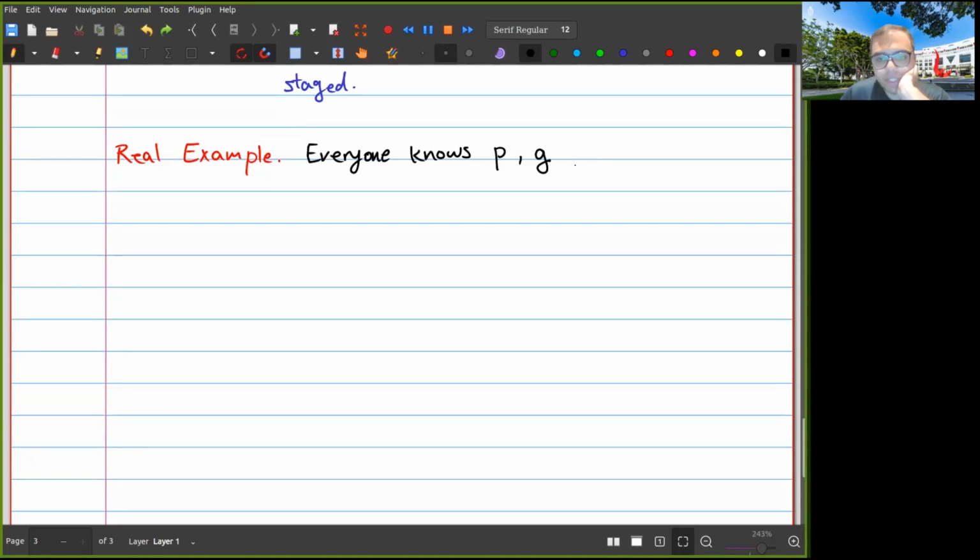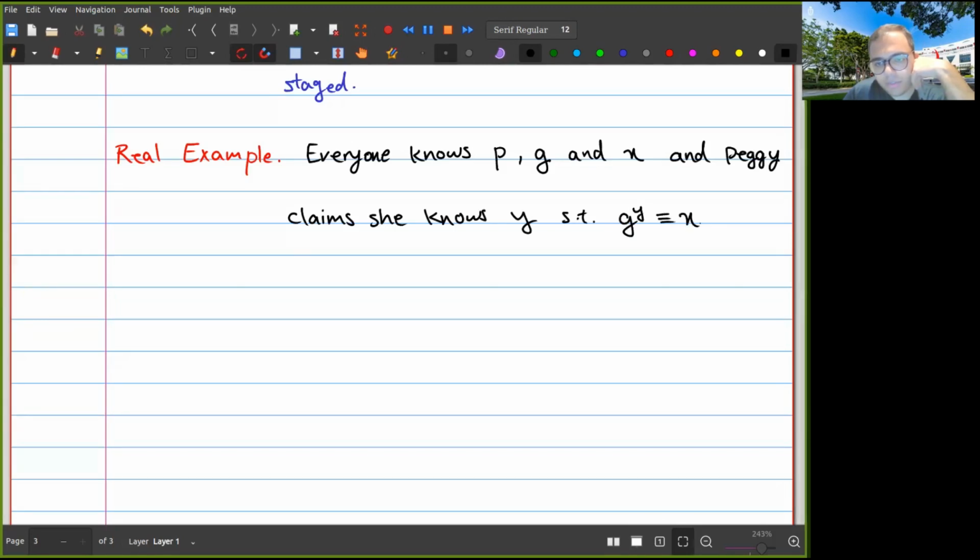So everyone knows P, G, and let's say some number X, and all of our calculations are modulo P. And Peggy claims that she also knows the discrete logarithm of X. So Peggy claims she knows a particular value Y such that G to the power of Y is congruent to X modulo P. And again, this was in the homework, if you remember, and this P is a large prime number. And this G is a primitive root.